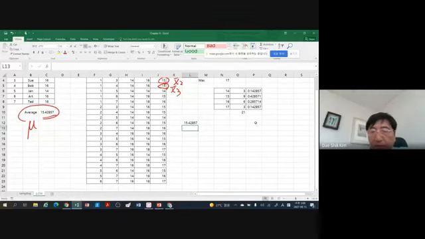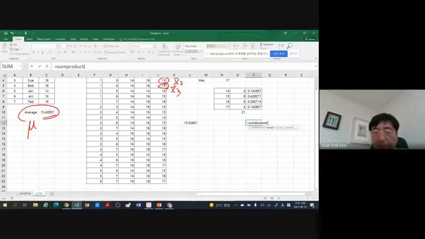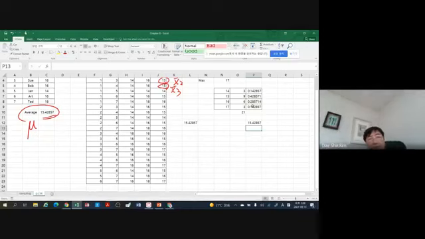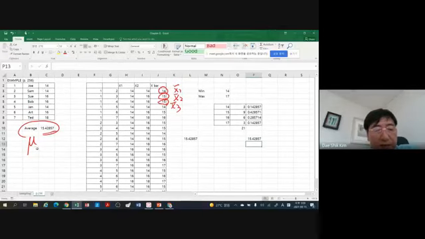Or you can use the sample mean here, SUMPRODUCT of this, multiplied by its frequency. The result is exactly the same, 15.43. But the standard deviation of this one here, look at here, average is okay.